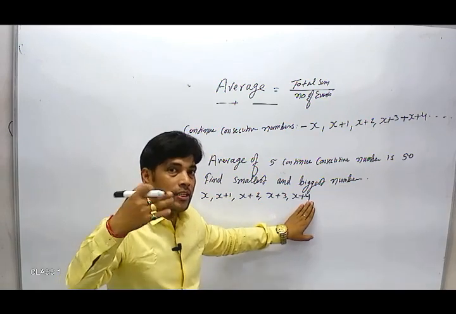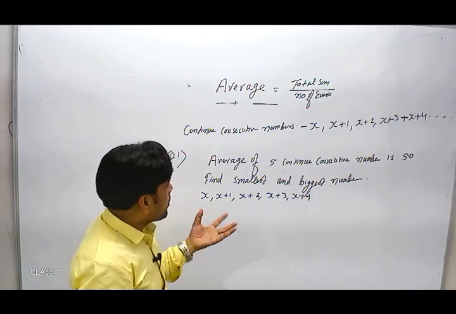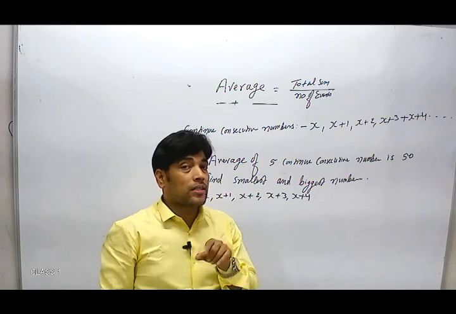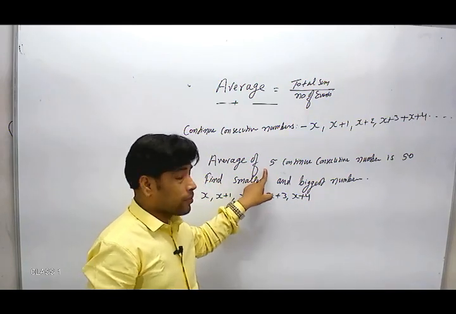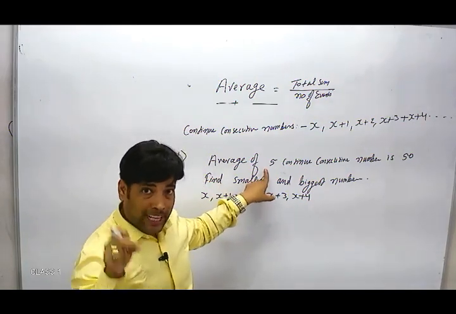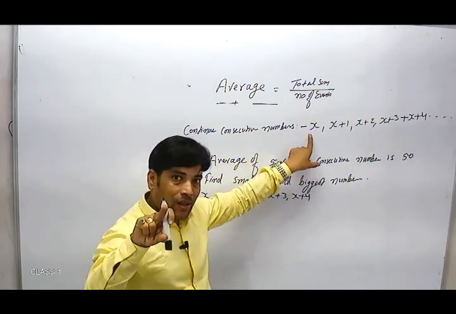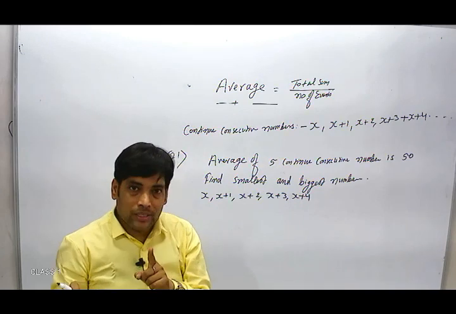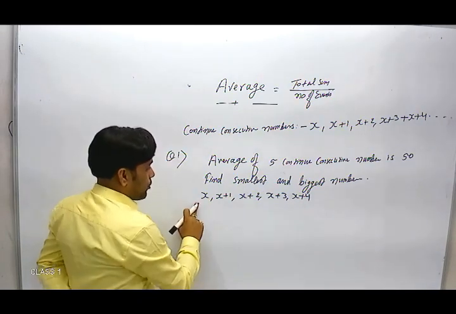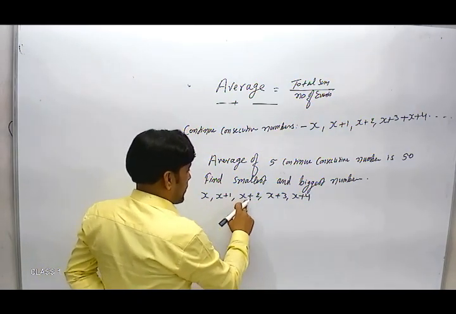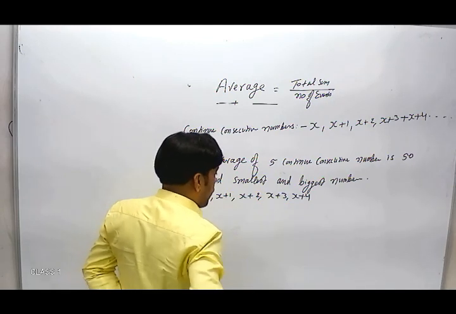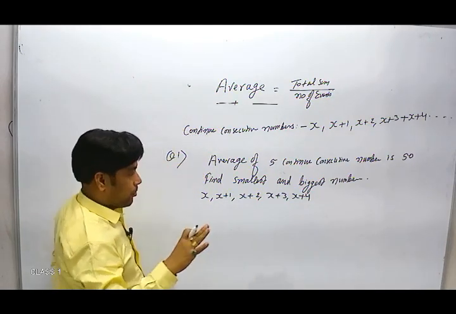You can't exceed that. Mostly students write x plus 5, but that is wrong because the 5 is the last point. That's why we take one less when we start from x, because x is also one number. So we have x, x plus 1, x plus 2, x plus 3, x plus 4. These all are continue consecutive numbers.